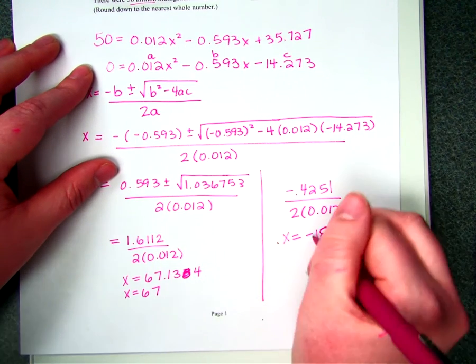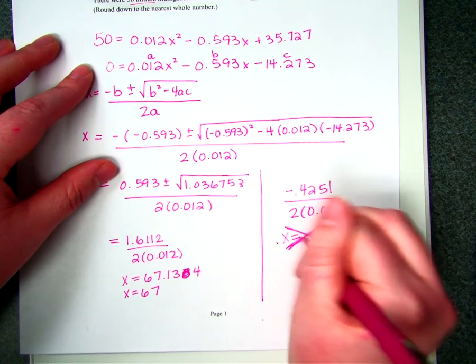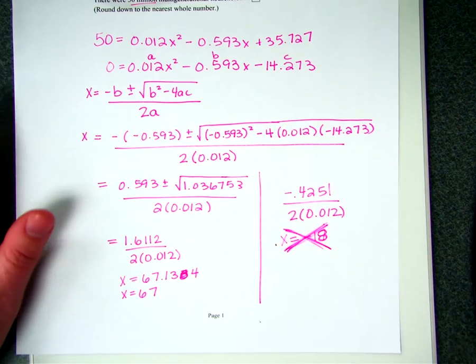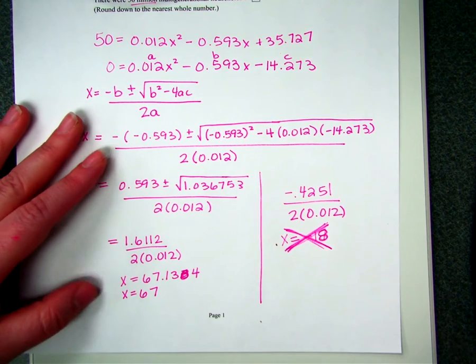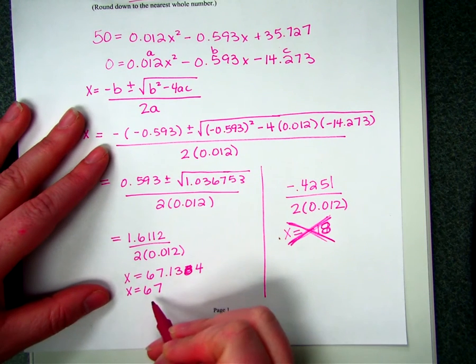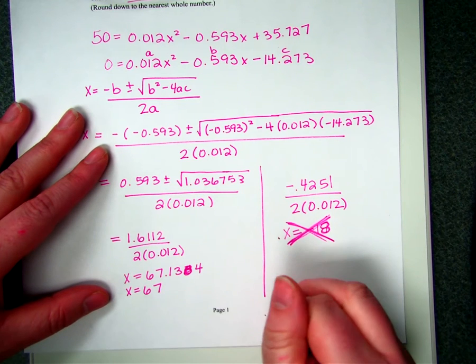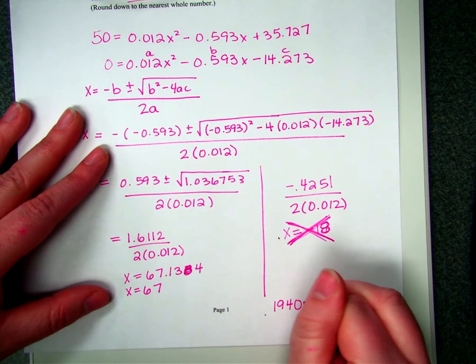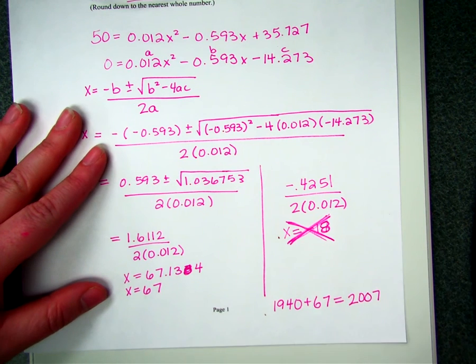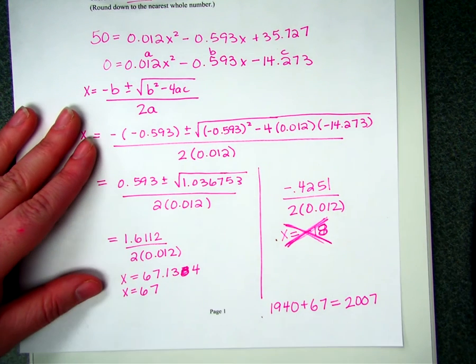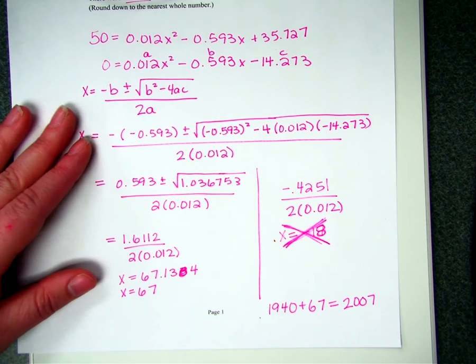So the negative 18 would be the number of years in front of 1940. So this negative solution is not part of our answer. It's not possible. So x is equal to 67. Take that and add it to 1940. And in 2007, there will be 50 million multi-generational households.